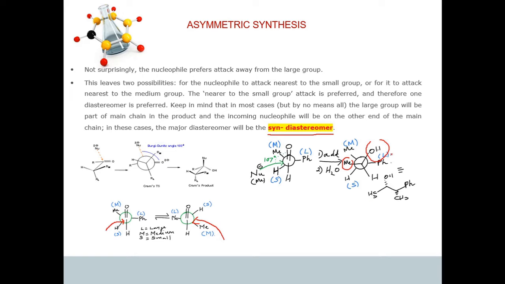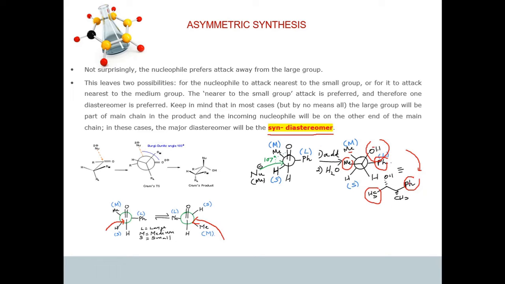Now let us learn how to convert this particular Newman projection into a wedge representation. You see, the attacking nucleophile methyl and the larger group phenyl on the other carbon are anti to each other, and you can see this methyl group and this OH group are syn to each other, and therefore we convert this Newman projection into this form.